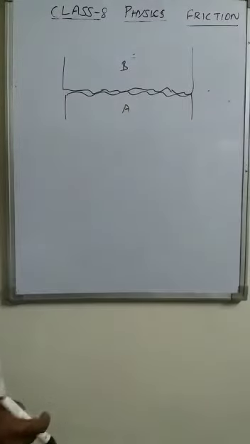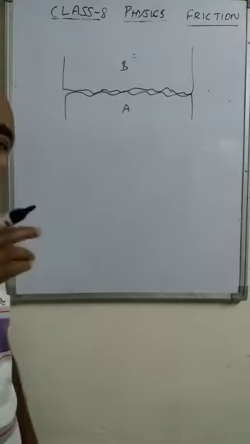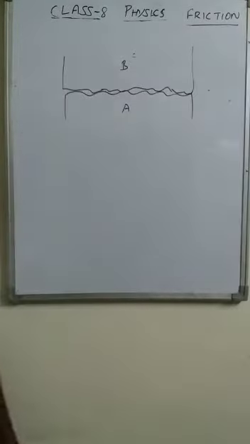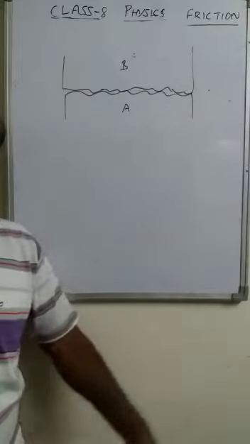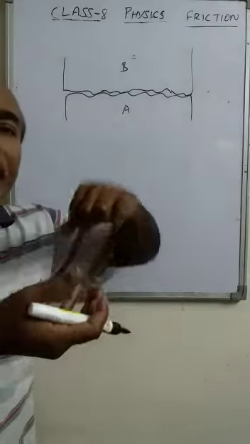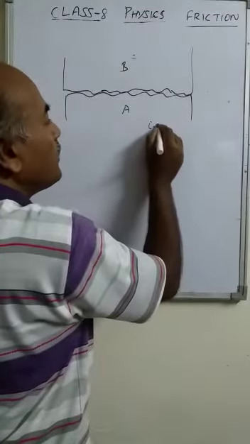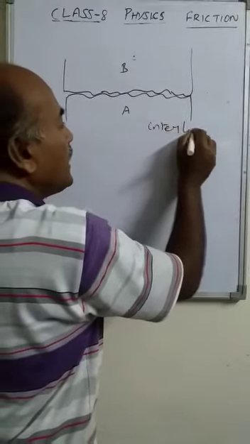As they are in contact, we observe that the irregularities on both the surfaces get interlocked.